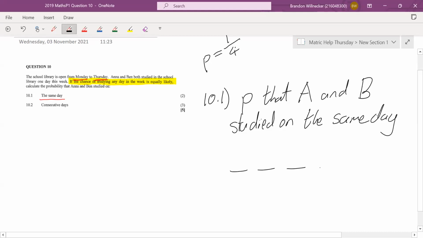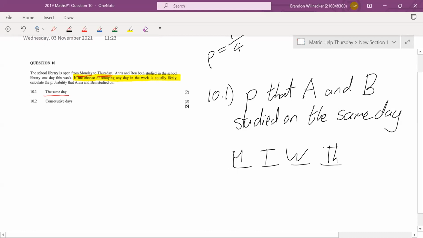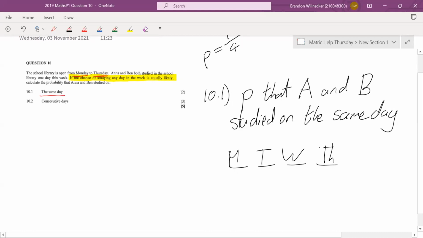Let's just write that out. We've got 1, 2, 3, 4 possibilities: Monday, Tuesday, Wednesday, Thursday. On either day, their respective probabilities is 1/4. So the probability of any of these 4 days will be 1/4 for Anna, 1/4 for Ben, and it can happen on any of the 4 days, so times by 4.